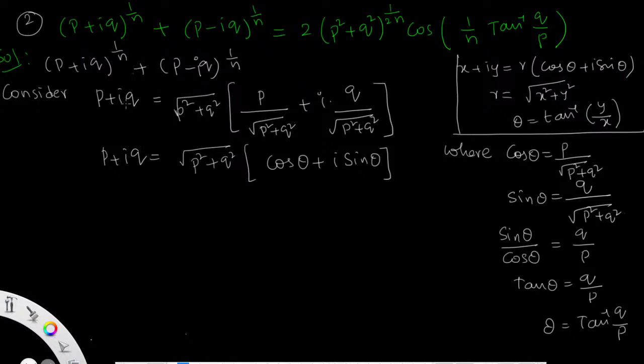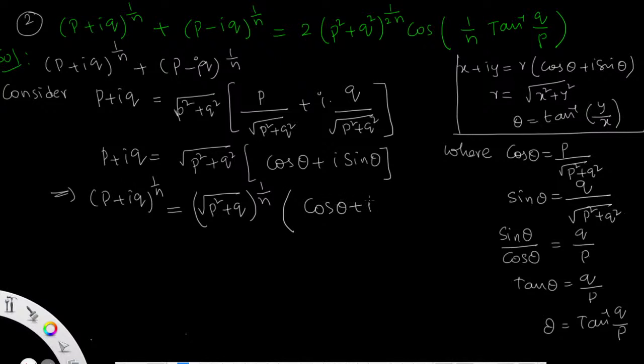Now the power raised to 1 by n, that implies p plus iq whole to the power of 1 by n, then p square plus q square whole to the power of 1 by n. In the similar way, cos theta plus i sin theta whole to the power of 1 by n. The power goes to this part and this part.